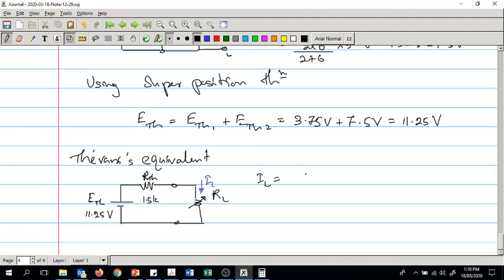So now IL is equal to, you can use Ohm's law, ETH divided by RL plus RTH.